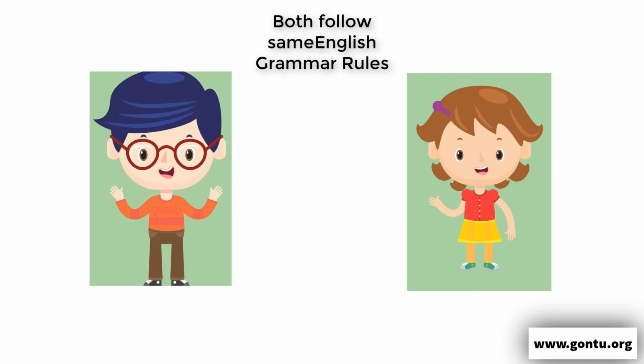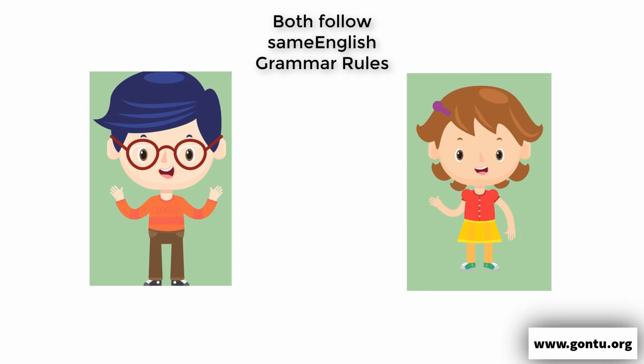If they are not following this, their communication may not be effective. What one person speaks, the other person may not be able to understand fully, and what the other person speaks, the first person may not be able to understand fully. So in real life, to have effective communication between two persons, we always suggest that both follow a common set of rules and regulations.